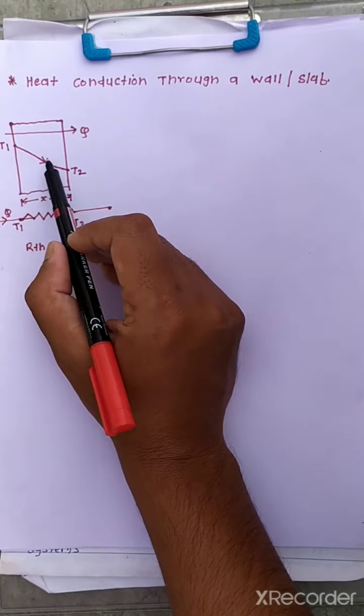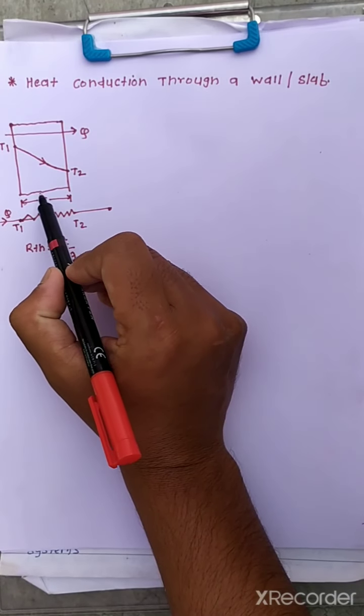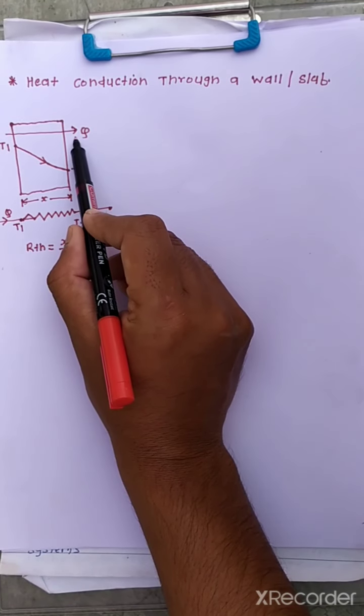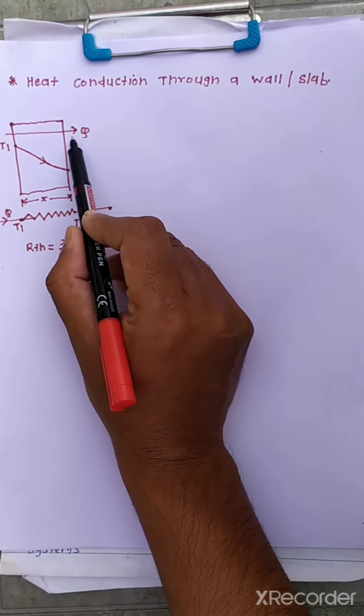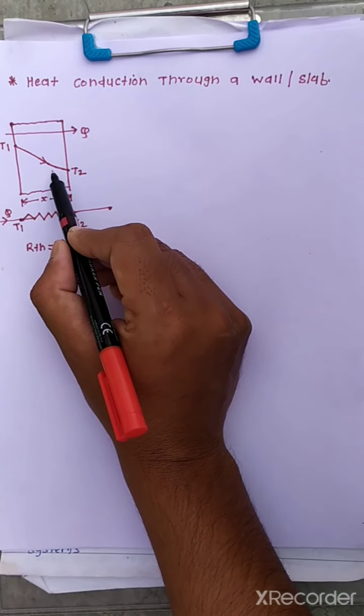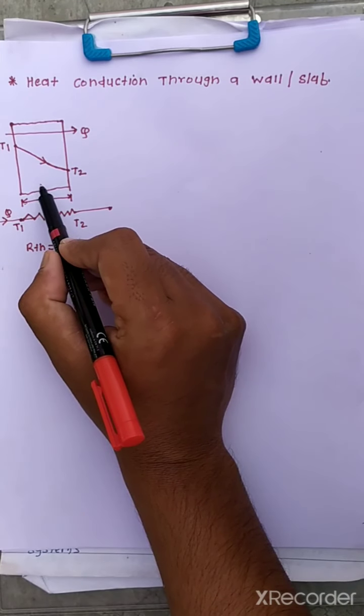Consider a wall of surface area A, thickness x and heat transfer rate in x direction as shown in the figure, and K be the thermal conductivity of the wall material. Thermal conductivity is the ability of a material to conduct the heat.